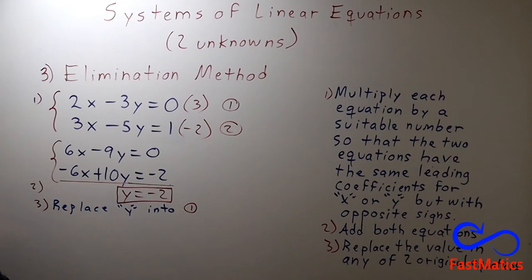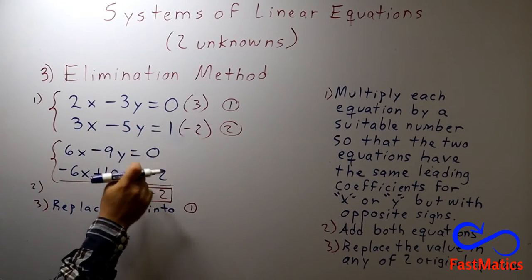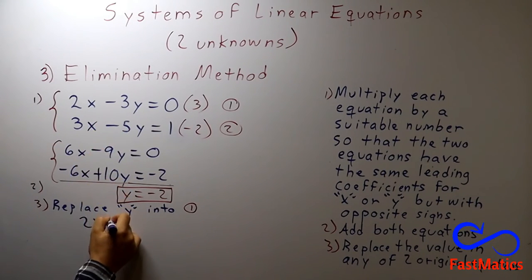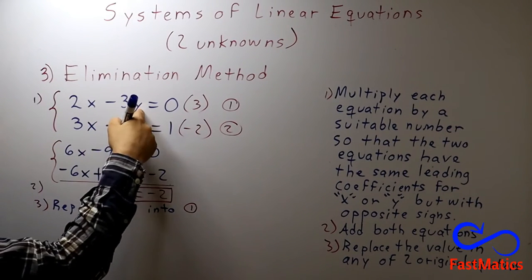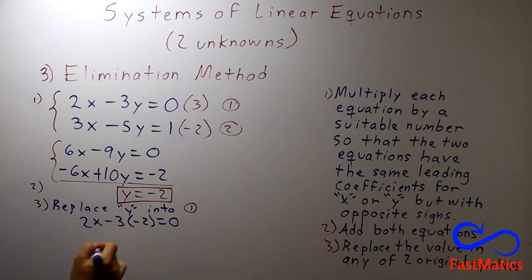It is very easy. So, instead of writing y, I will write -2 as I said. Then 2x minus 3, and instead of y, -2 will be equal to 0.